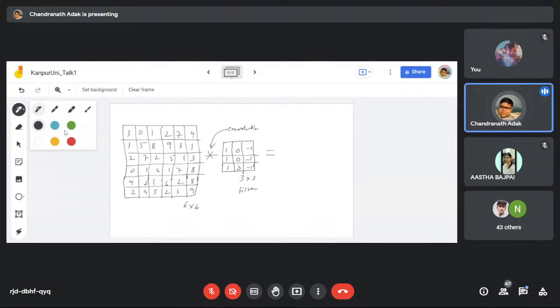So look carefully how I am calculating. Think of this 3 cross 3 filter as being multiplied with this green color box.